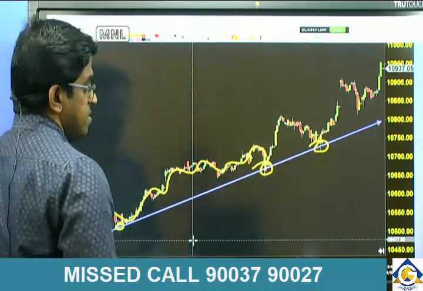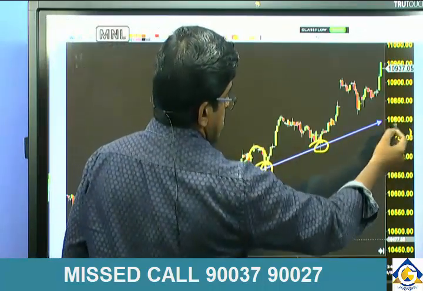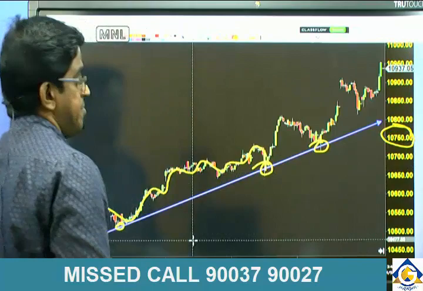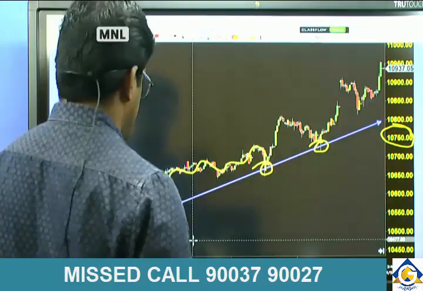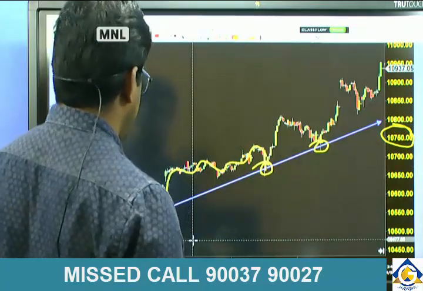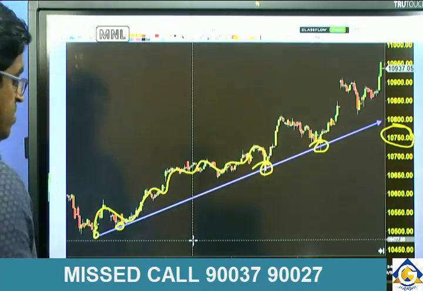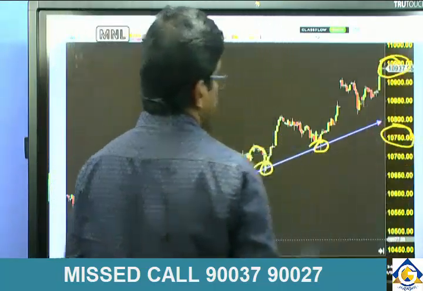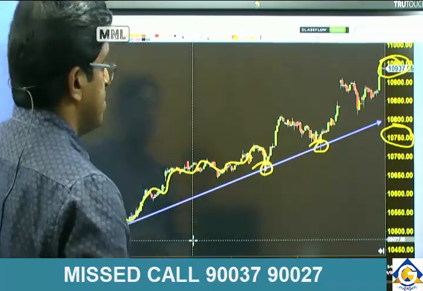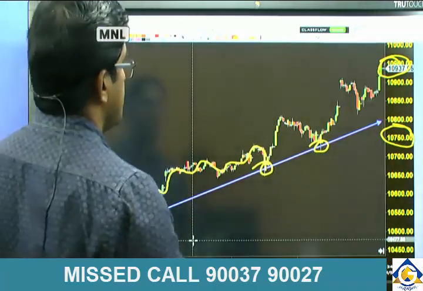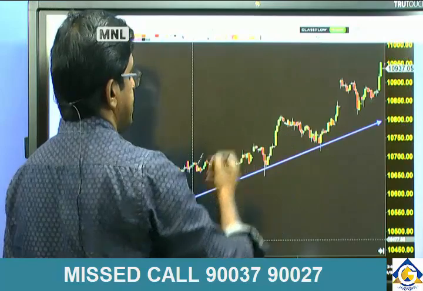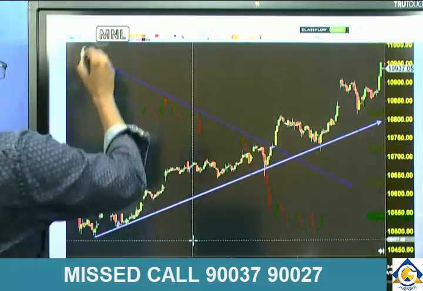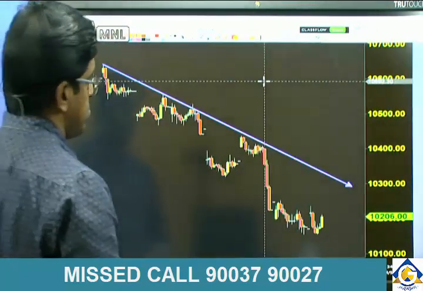This had happened in the Nifty index. The chart you are seeing is for the Nifty index, maybe during the month of January, since the price is around 10,900, maybe around mid-January. So this is how you need to draw an uptrend line. If you want to draw a downtrend line, the same thing holds good.